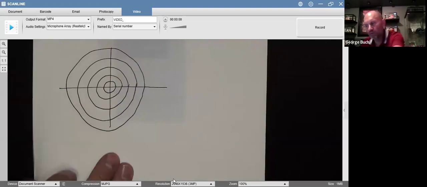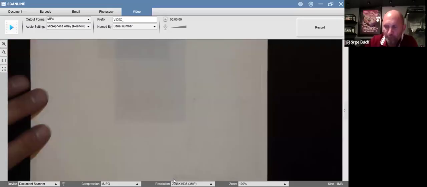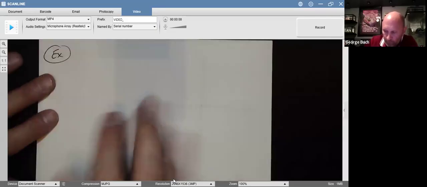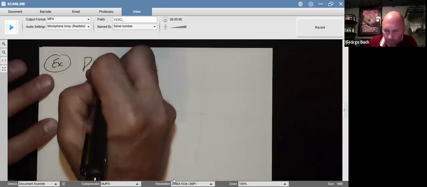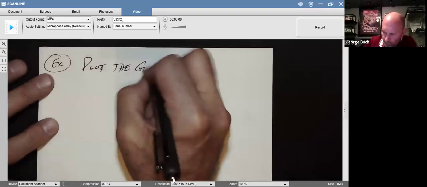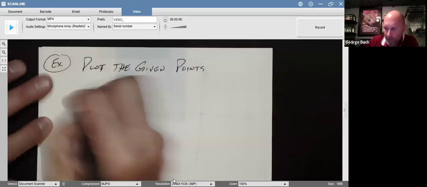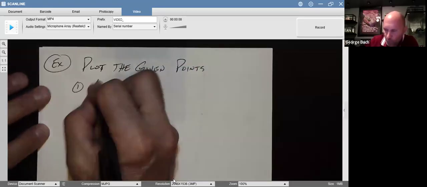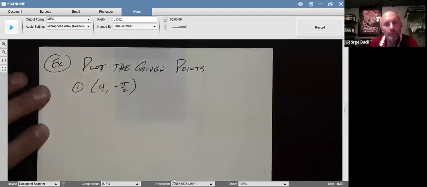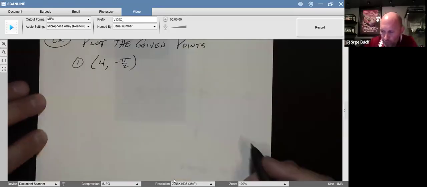So the first set of examples that I want to do is plotting all these different points. So plot the given points. First one we have is 4, negative pi over 2. So when we are plotting these points, we have to remember first a few things.